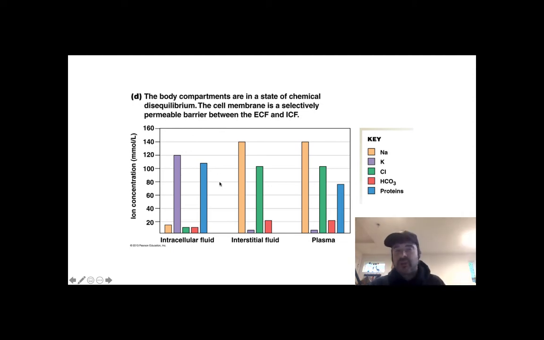Why would the concentration of potassium inside the cell be very high? Well, the cell is using energy to move potassium in. Now, if you look at the concentration of both sodium and chloride inside the cell, they're very low. Well, why is that? Because we're actively moving sodium out. But if you look at the extracellular fluids, the concentration of sodium chloride is really high, whereas the concentration of potassium is very low.